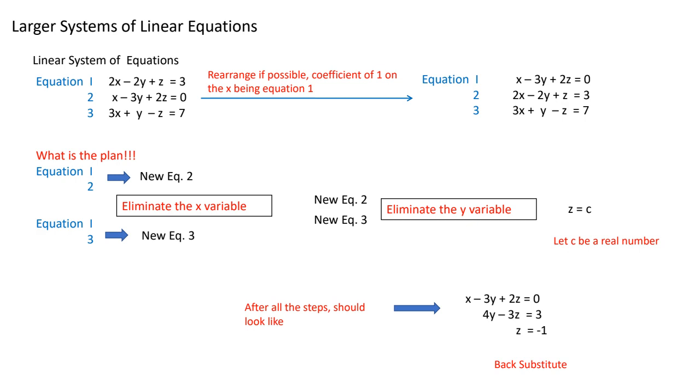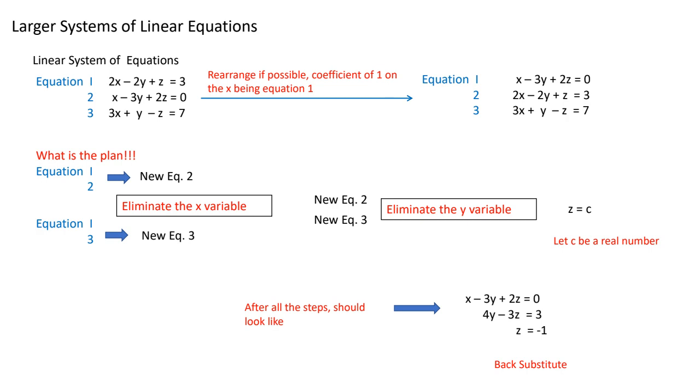What we want to do is eliminate variables until we are down to just one variable. Then once we have one variable, we can work ourselves backwards. The best way to understand this is by looking at this example.